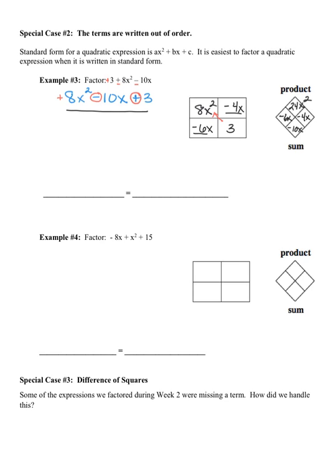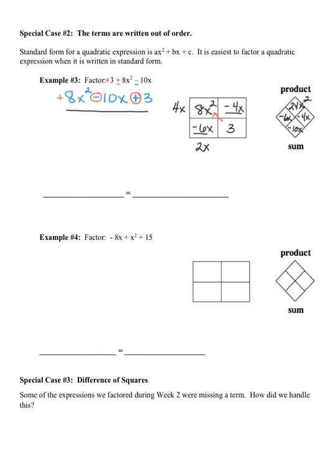Now I need to find the dimensions of my rectangle. To make 8x squared, I could use 4 and 2, or I could use 1 and 8. I'm going to use 4 and 2 though, because I notice that neither the row nor the column has terms that are both divisible by 8. So I'm going to use a 4x in my upper left-hand corner and a 2x in my lower left-hand corner.